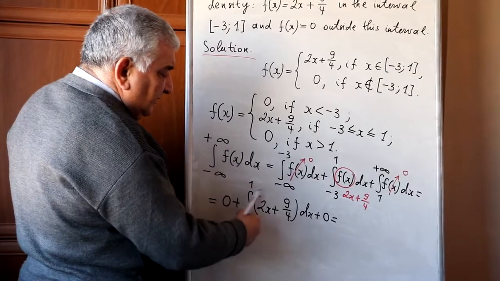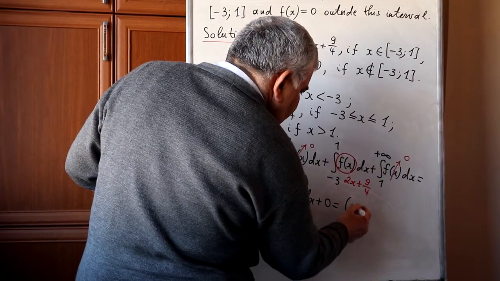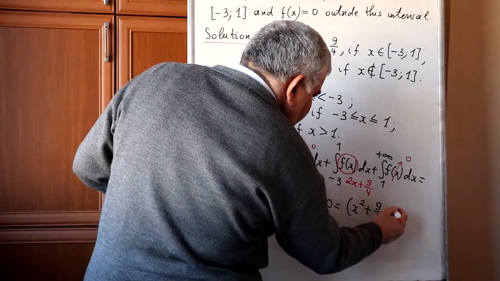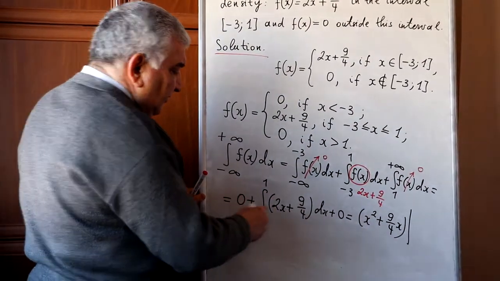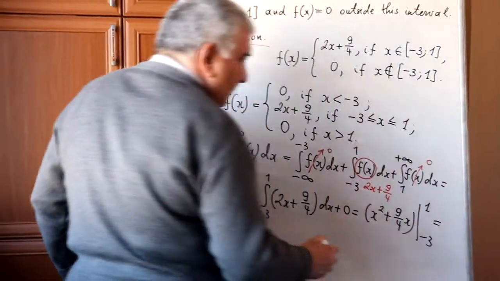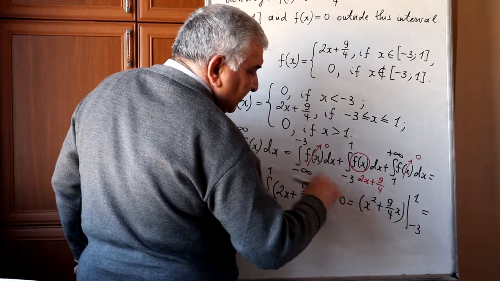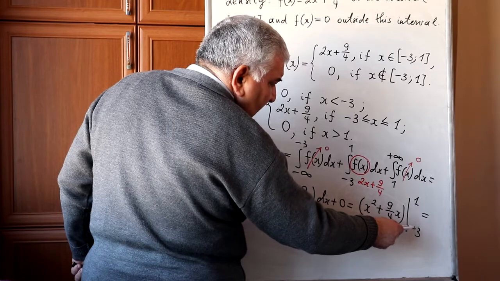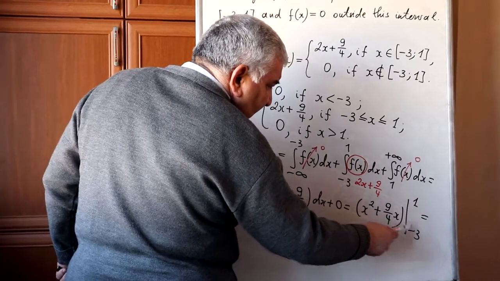The antiderivative of this integrand is x squared plus 9/4 x. And you must write the double substitution from -3 to 1. First, substitute 1 instead of x, then subtract the expression where we substitute -3 instead of x.